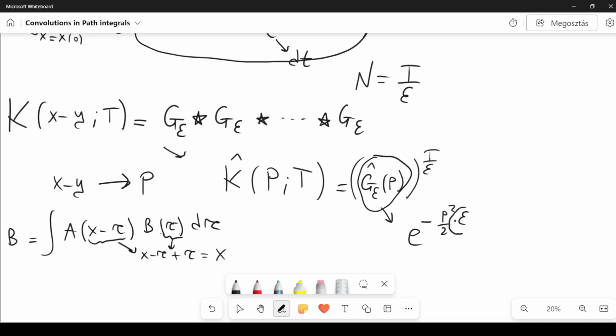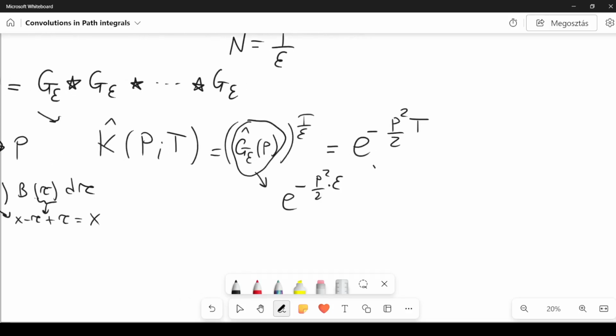In this case, this appears in the numerator. If you take the Fourier transform of a Gaussian function, you can witness this property. You can derive this property. So basically, this will give us e to the minus p squared over 2 times t, like this.